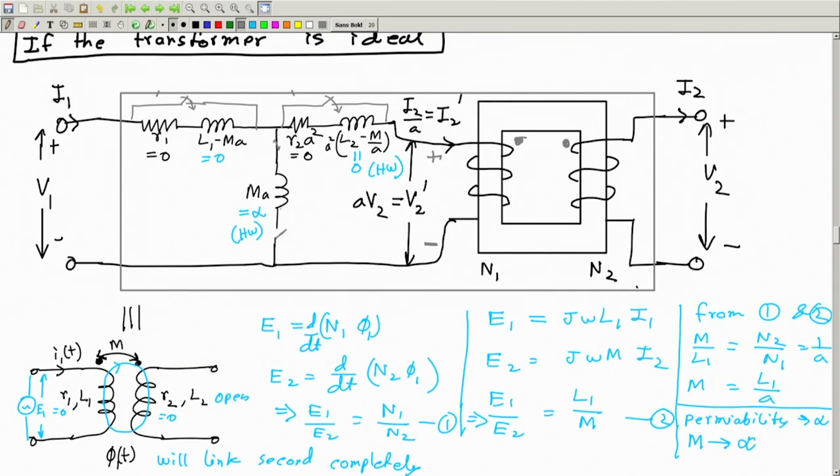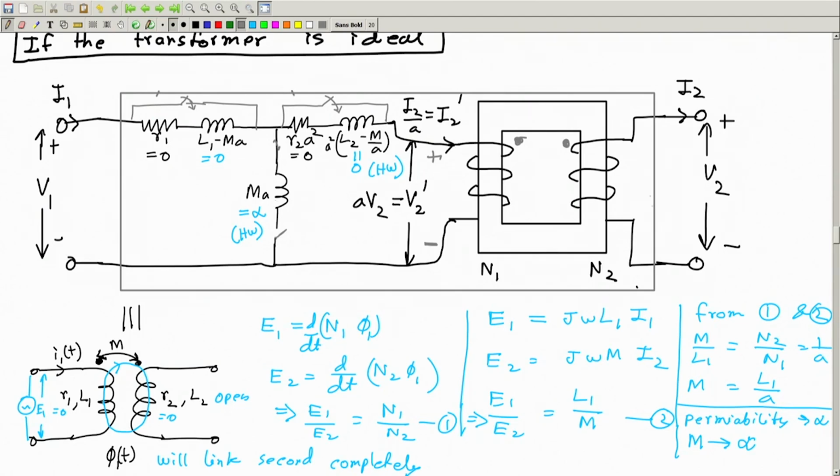So if we assume that the resistance is 0 and the permeability is infinite, then it boils down that this is 0, this is 0, this is 0, this is 0, this is infinite. So this branch you can forget, this branch you can forget. So this point is directly connected to this point, and none of this is present.